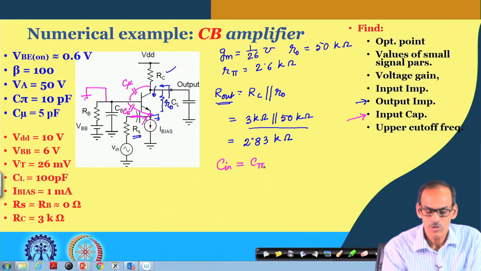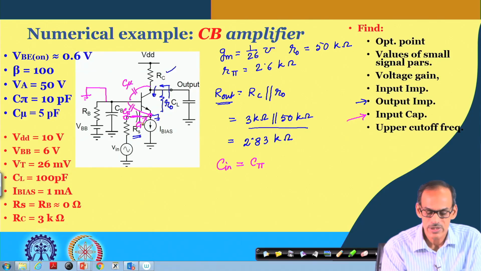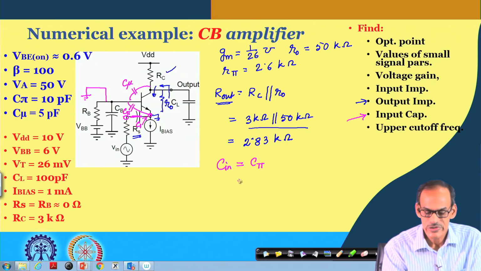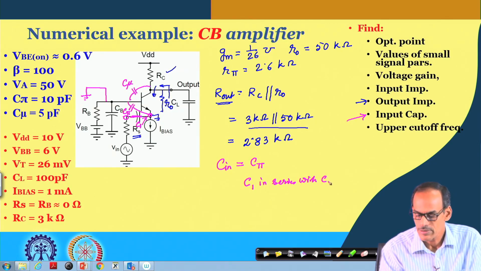In fact, to be more precise, if I consider this is our primary input, and I call this signal coupling capacitor C1, then the input capacitance, strictly speaking, should be C1 in series with C pi.